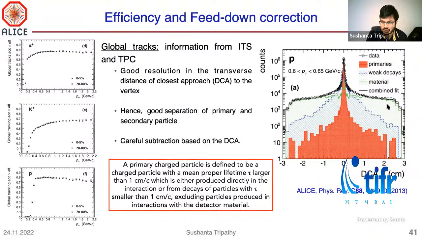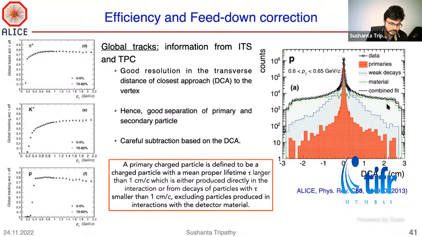Mostly the models we use are PYTHIA and HIJING for pp and heavy ions. Then the data-driven particle composition has also been corrected for, and we do a template fit to obtain these fractions of primaries.